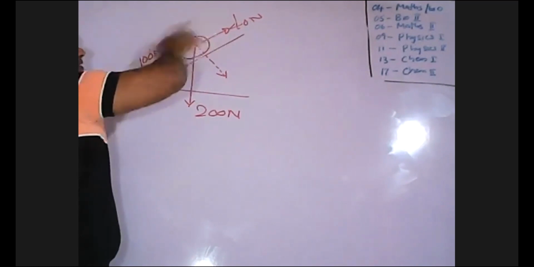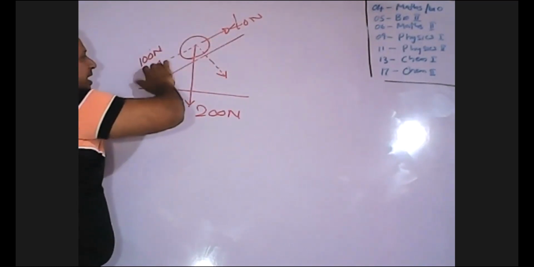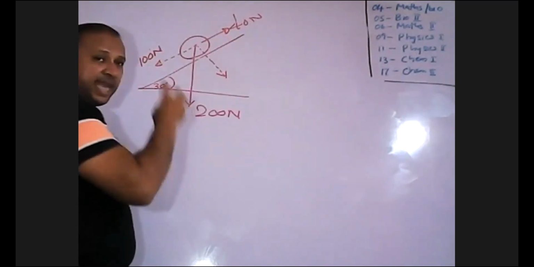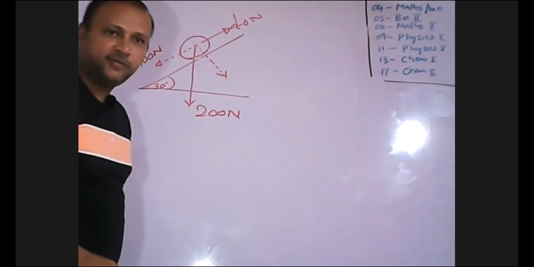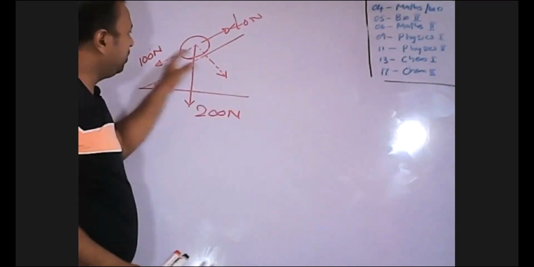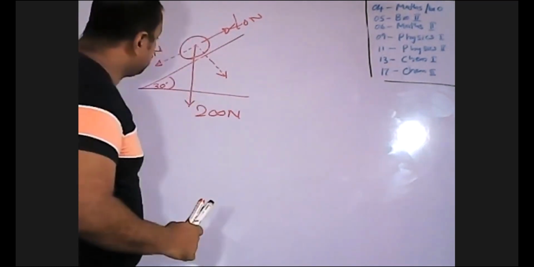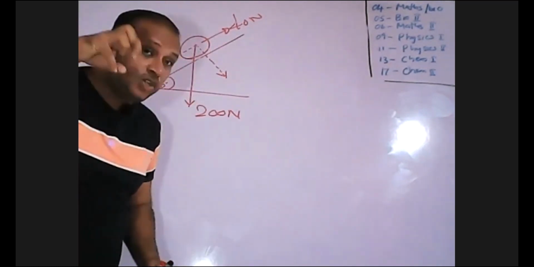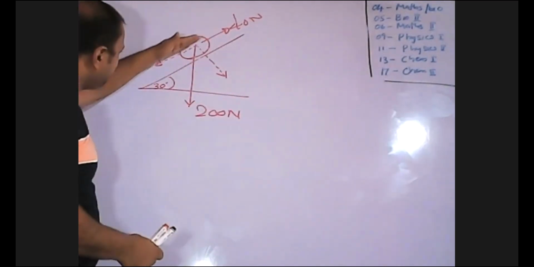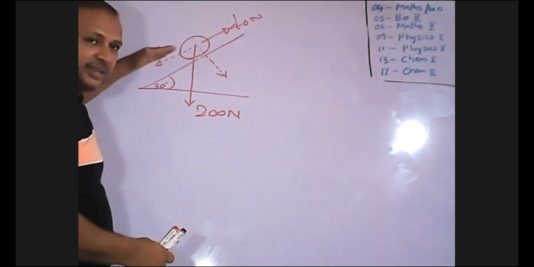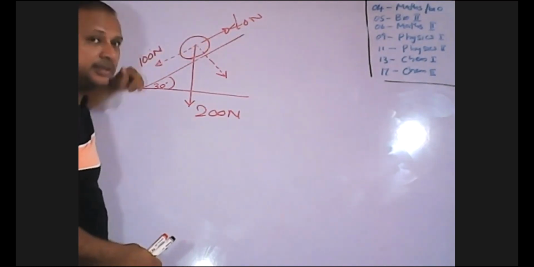Therefore, I can subtract these two forces and reduce them into one single force. Now there are only two forces in the system. One force is in the downward direction along the plane.